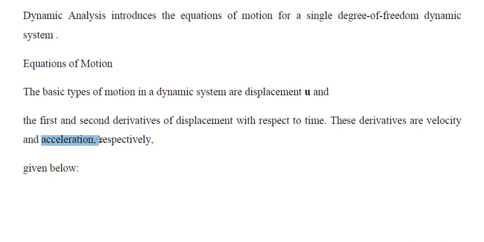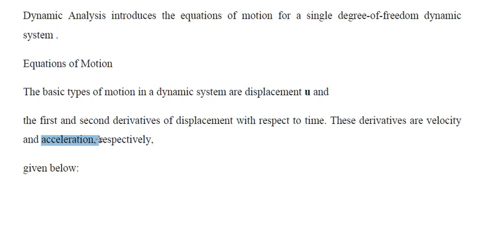Displacement u, if it is differentiated with respect to time, then we obtain velocity v. If displacement u is differentiated two times, that is d square u by dt square, then it is acceleration a. The acceleration a can also be obtained by differentiating the velocity, that is dv by dt. dv by dt is equal to d square u by dt square.